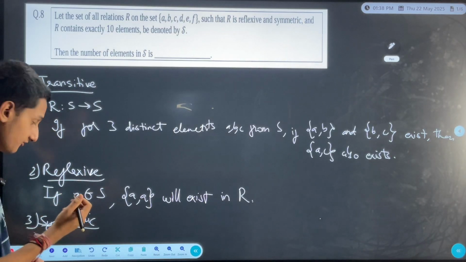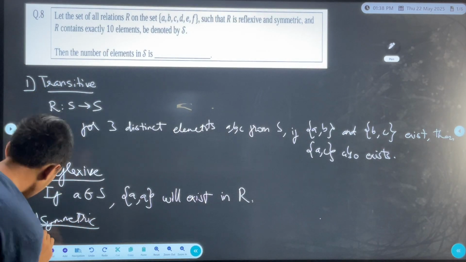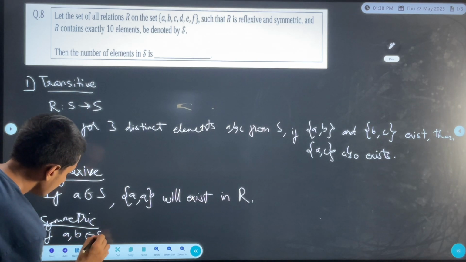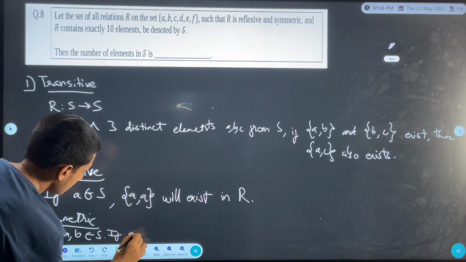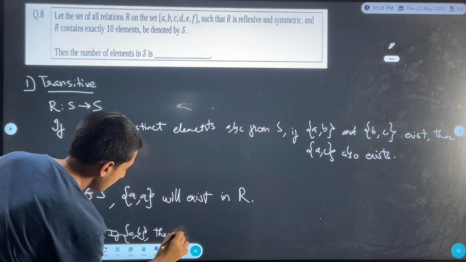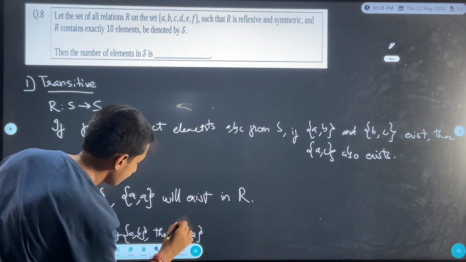Symmetric relations are defined as if for two distinct elements A, B belonging to S, if A comma B exists in the relation, then B A also exists.